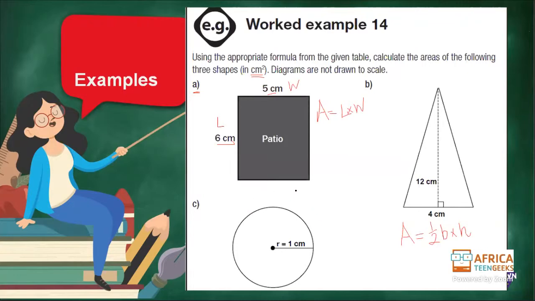Let me just remind you that for the area of the circle, the formula is area is equal to pi times r squared, where pi is equal to 3.142. What is the area?